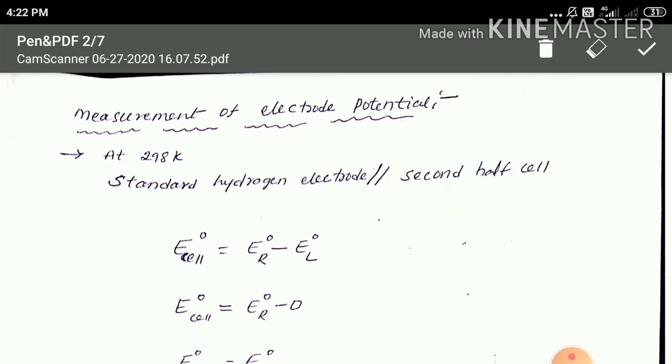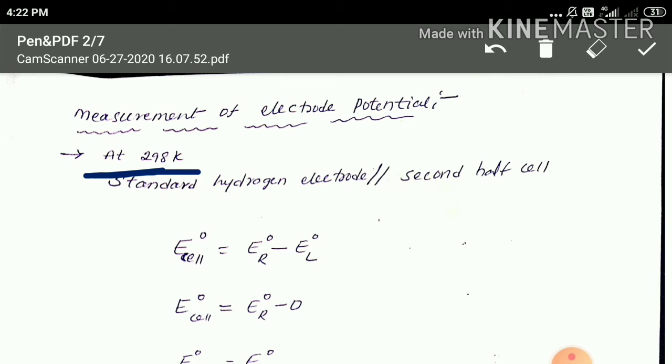So now I want to measure the electrode potential value of an unknown cell at 298 kelvin, that is called the standard temperature. So according to the IUPAC convention, if you want to know the electrode potential value of an unknown half cell, that unknown half cell you have to keep as a cathode and the hydrogen electrode is kept as an anode.